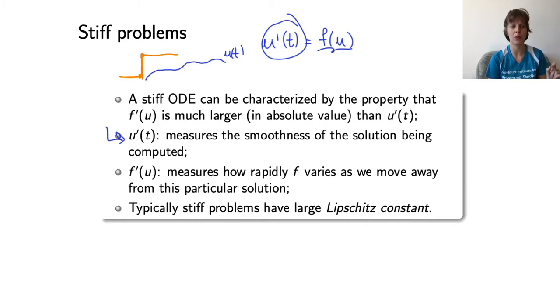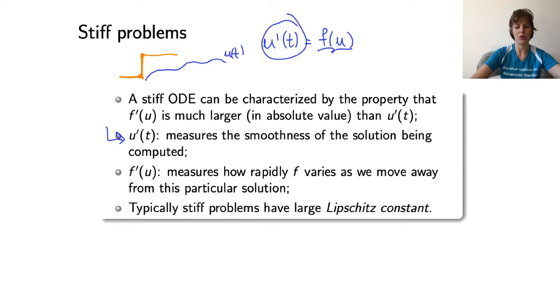as we move away from this particular solution. So it's about what I said. F prime of U is what we look at when we consider the linearized system.